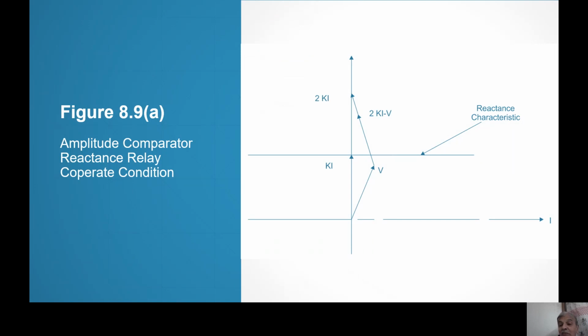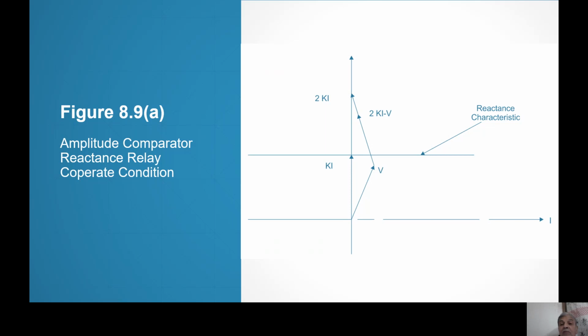In this reactance relay, if we want to see the different conditions, say we see the operate condition in amplitude comparator. Amplitude comparator compares 2Ki minus V and V. So V is below the characteristic. Ki is the set impedance, or it is set. So 2Ki, you can see, double the Ki.